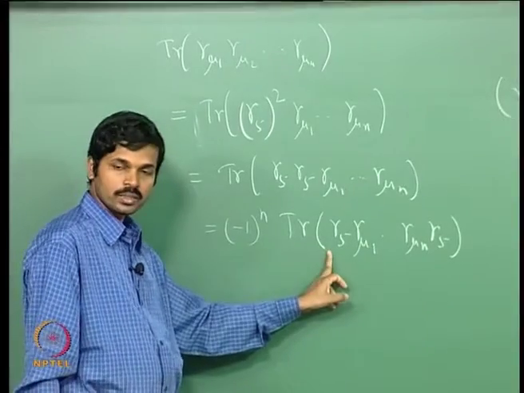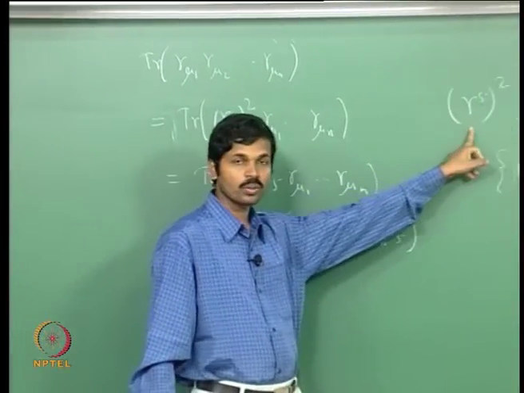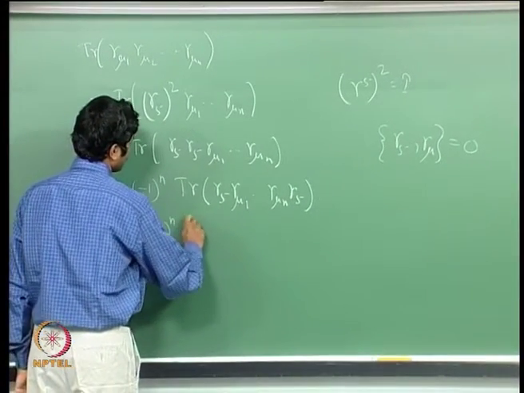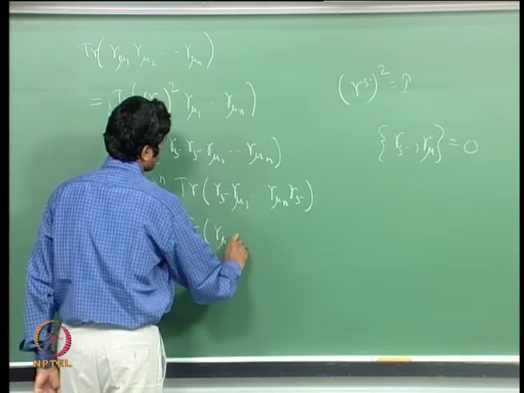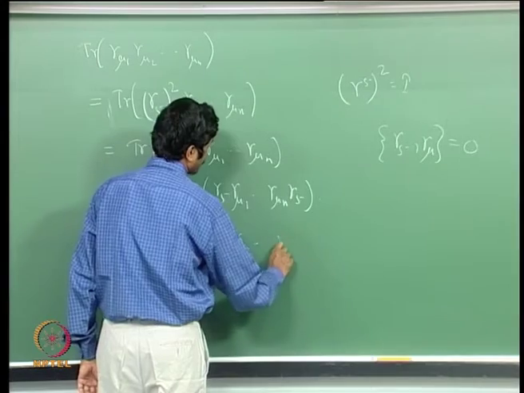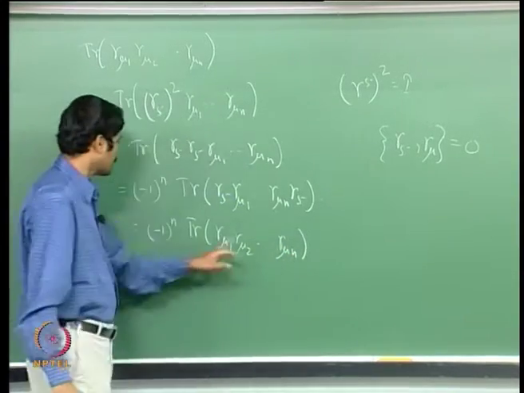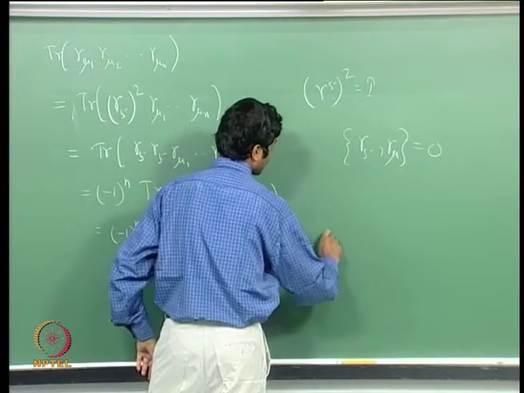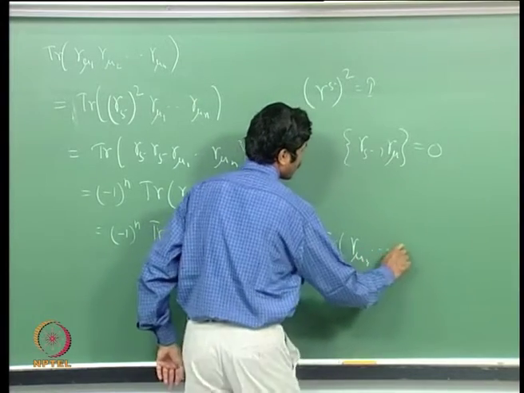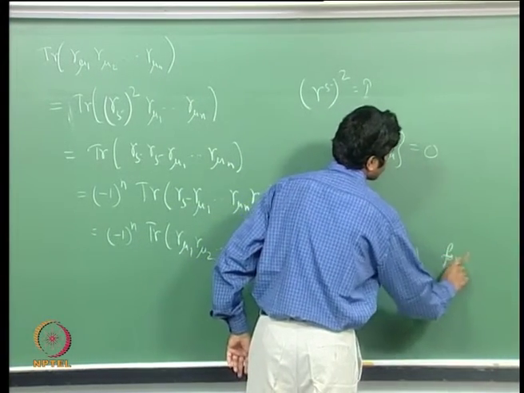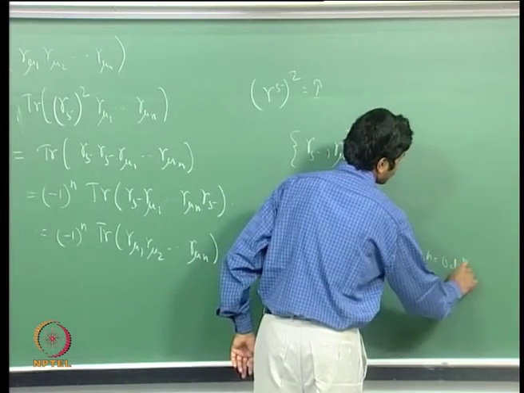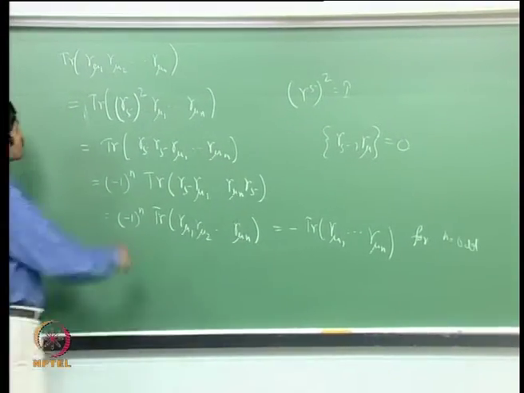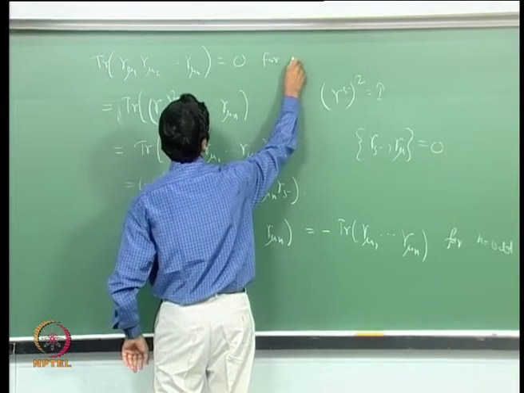So, I can bring it back to here and use gamma 5 square equal to identity, and when I do that, this is equal to minus 1 to the power n trace of gamma mu 1 gamma mu 2 up to gamma mu n, and if n is odd, then this is minus of itself, trace of gamma mu 1 up to gamma mu n for n odd. Therefore, the trace of an odd number of gamma matrices vanishes. Therefore, this is equal to 0 for odd n.